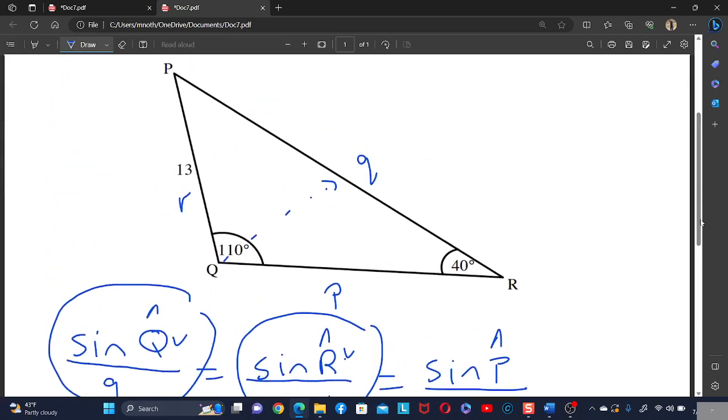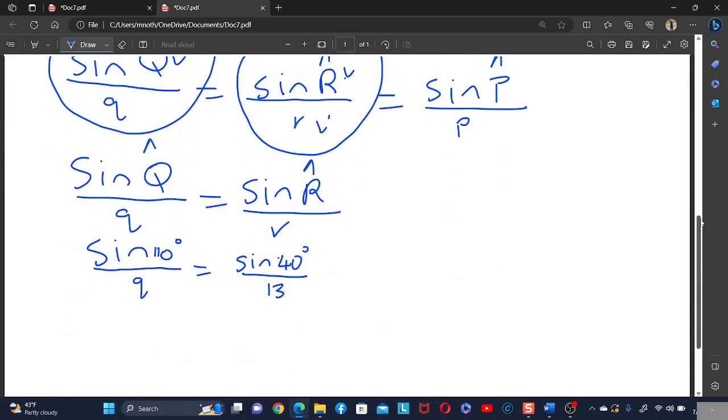From here, you can now cross multiply. If we cross multiply, we are going to have Q sine 40 degrees equal to 13 sine 110 degrees.